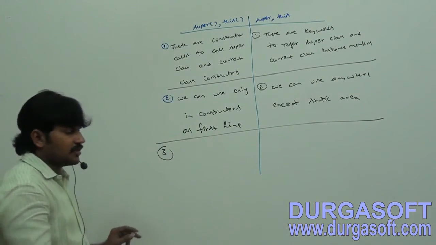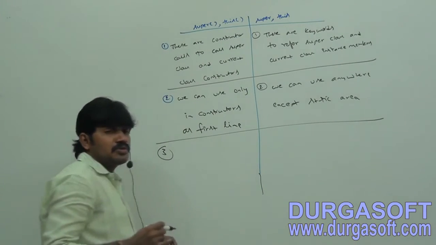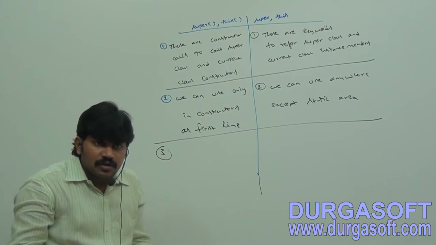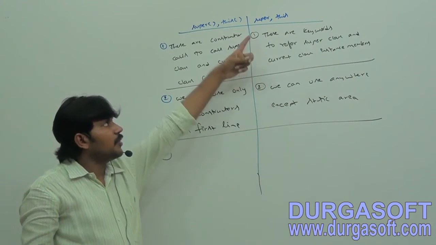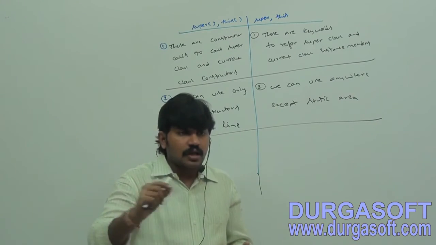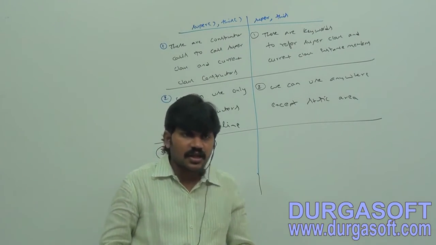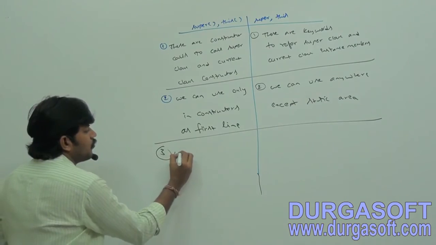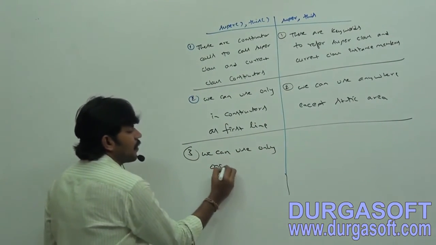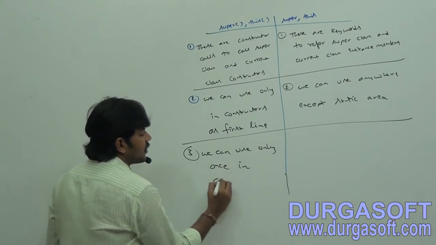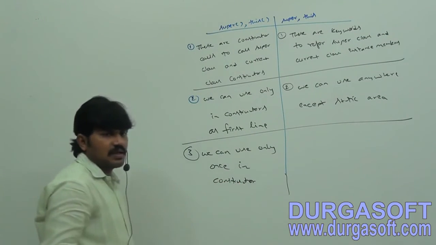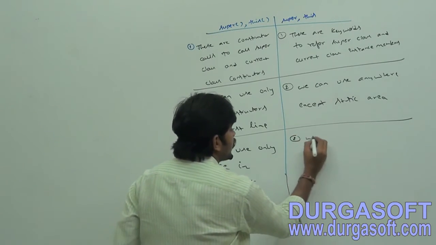Third one, listen. How many times can we use the super or this constructor calls? Within a constructor we can use only once. But the keywords super and this, how many times can we use?